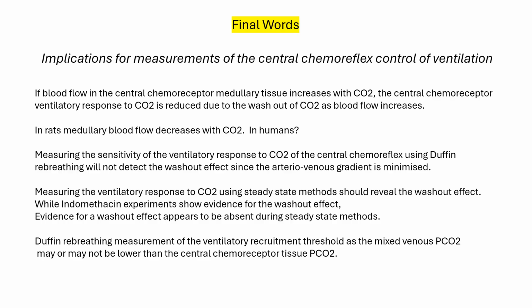During Carr and colleagues' steady-state experiments, however, the washout effect is evident in cortical tissue, with the gradient between jugular venous CO2 and arterial CO2 decreasing as CO2 increases. Whether the washout effect influences steady-state measurements of central respiratory chemoreflex sensitivity seems to be problematic.